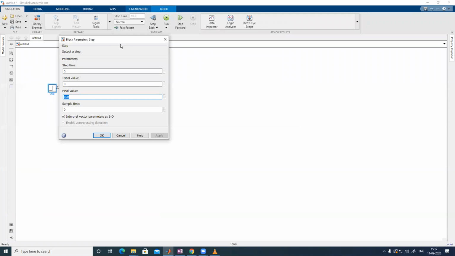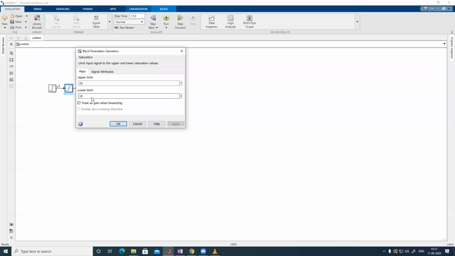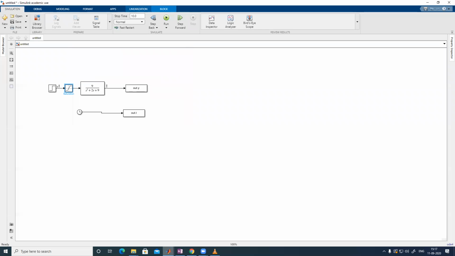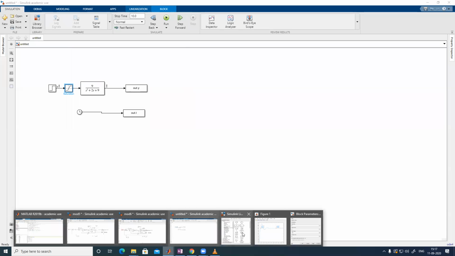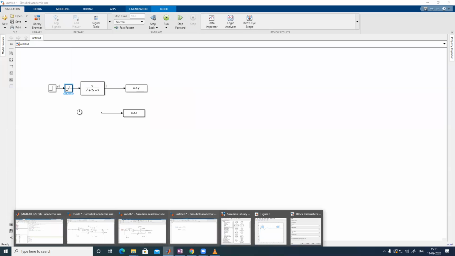Yeah, giving a final value as 100. It is settling at 10. So if you are giving a sine wave input also, this peak will be cut. So you can try this one for different inputs.